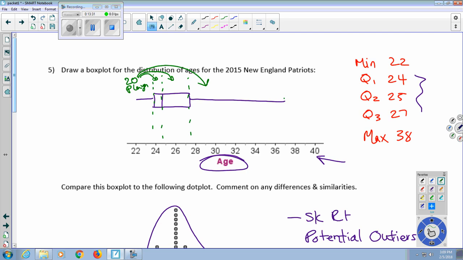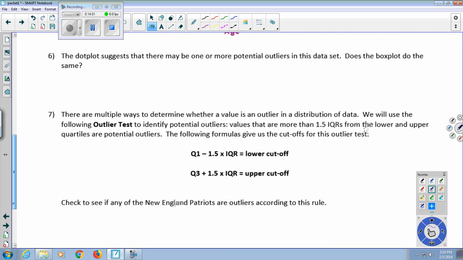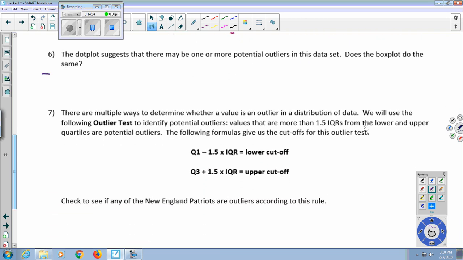We know there's an age here because a whisker extends there, but are there ages all along here? Or maybe they're all over here and just that one is extended out there. We can't see that. That kind of information gets lost on a box plot, whereas we can see it on a dot plot. I answered that question by looking at the graph.